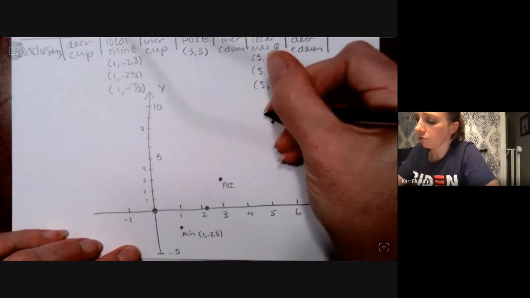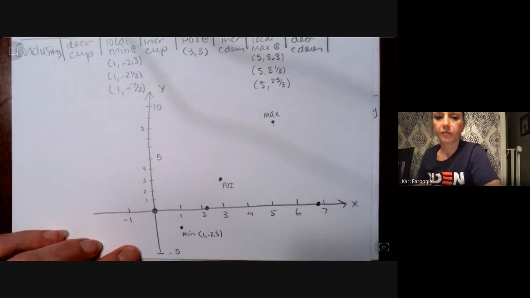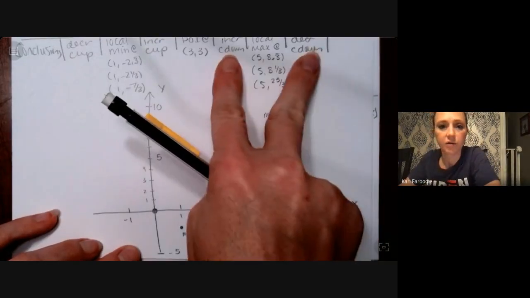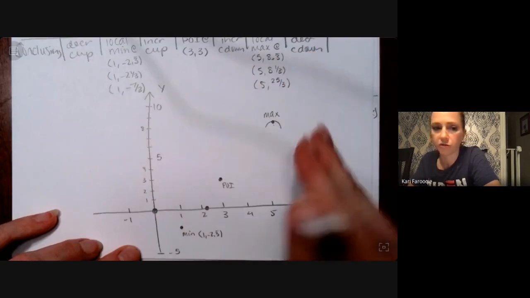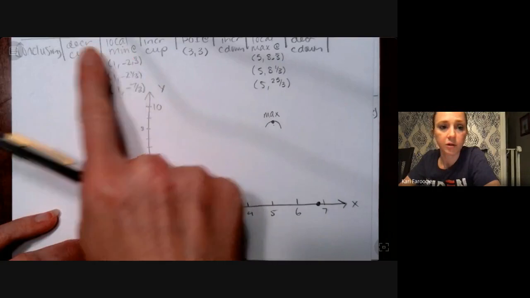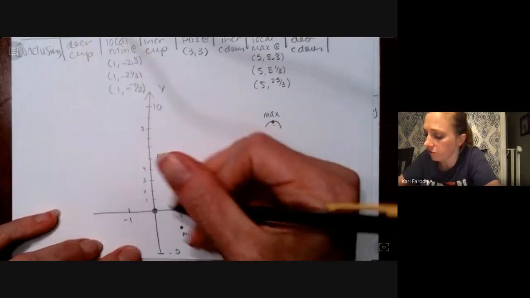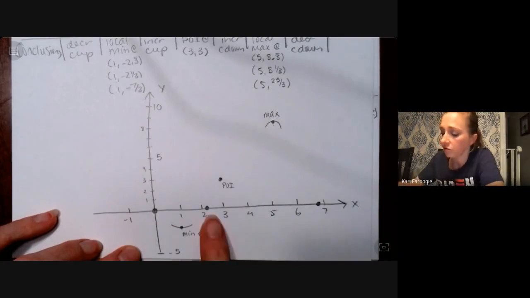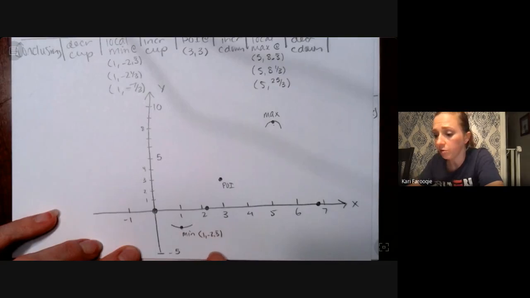This is going to be a local max. Okay, so this is a max. I know it's concave down on the interval, so I'm going to make a skeleton of what's happening. This is a min, and I know it's concave up on both sides of the interval, so I know it's doing something like this. Well, it has to be, because it has to go through these intercepts. I know that this graph is going to be concave up all the time from negative infinity all the way up to 3.